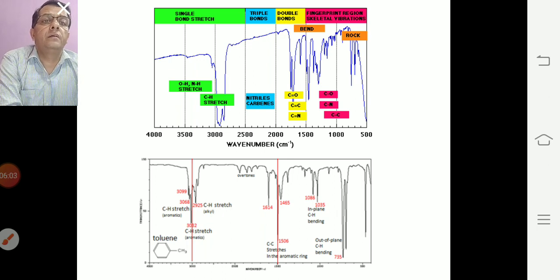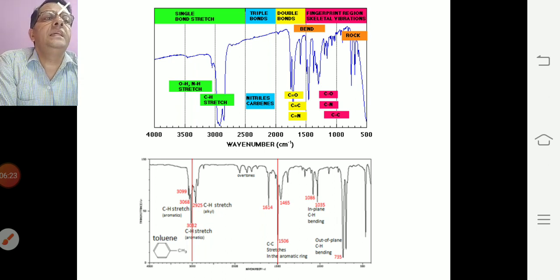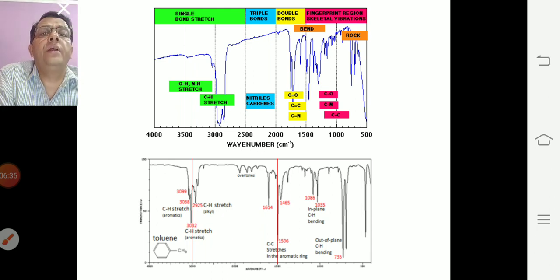In the second spectrum, if we start from 1500 per centimeter, the first sharp needle signal corresponds to the C=C bond, the double bond, and that is around 1500.